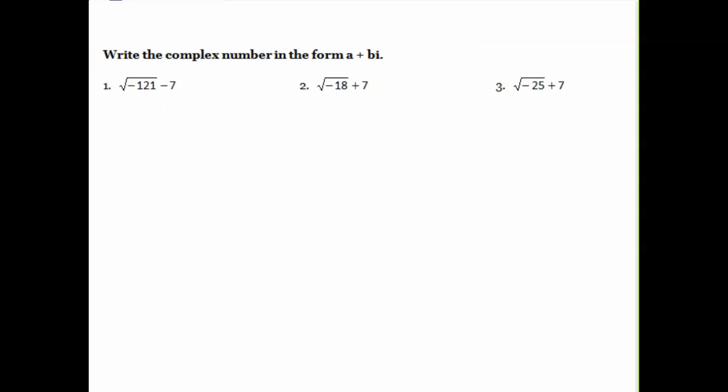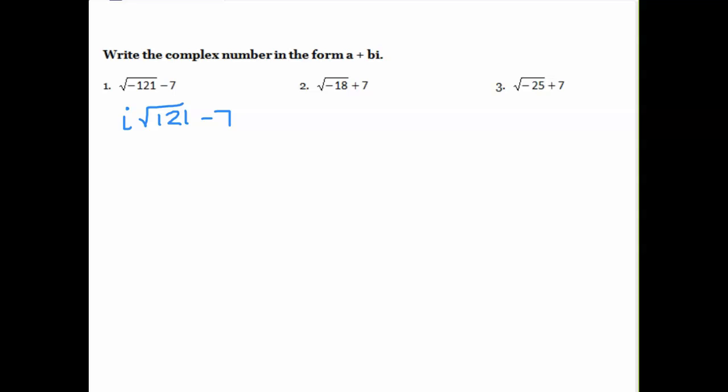So the reason that we took so much time yesterday and learned how to simplify square roots again is because complex numbers are going to involve square roots of negative numbers. So anytime you see a square root with a negative, the first thing you want to do is bring out the negative as an i. So we're going to rewrite the square root of -121 as i times the square root of 121, minus 7.